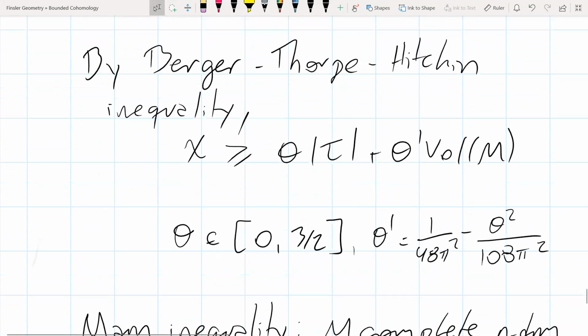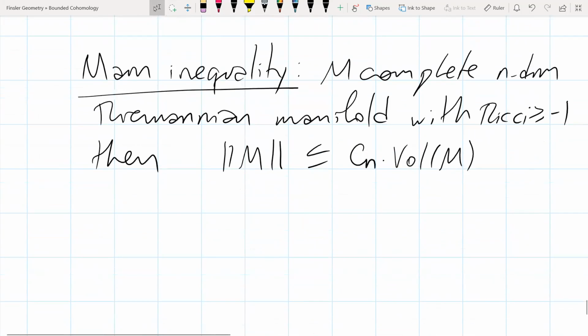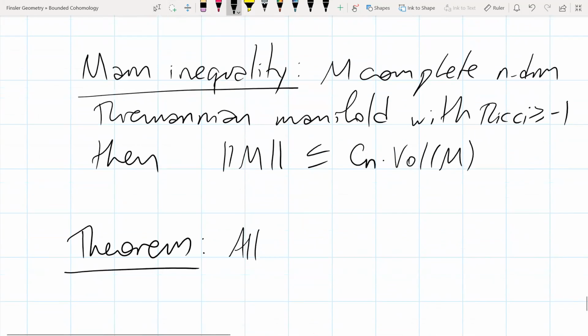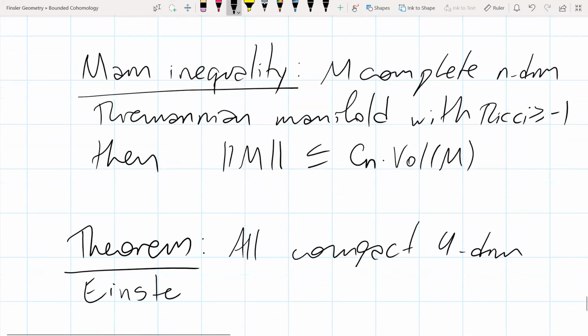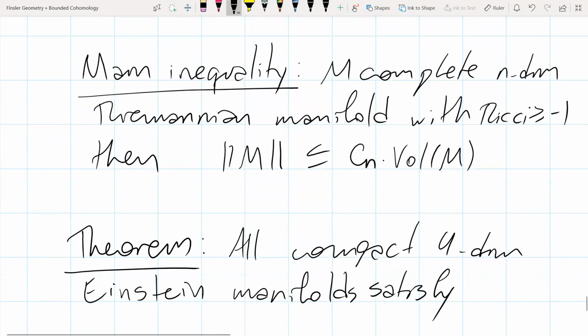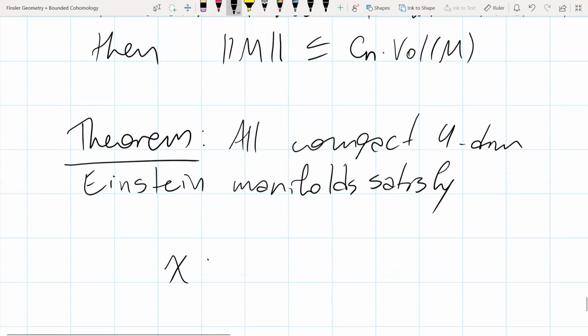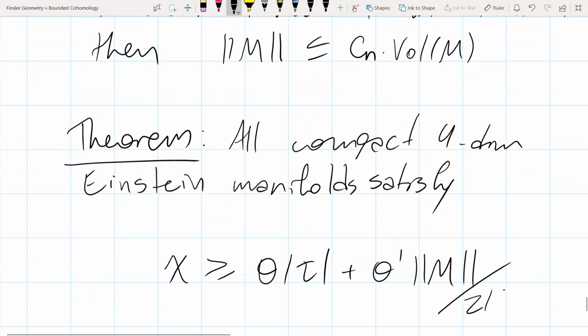Then using the Hitchin-Thorpe inequality and this main inequality, we have the theorem that all compact four-dimensional Einstein manifolds satisfy that the Euler characteristic must be larger or equal than theta times the absolute value of the signature plus theta prime times the simplicial volume of your manifold divided by 216.